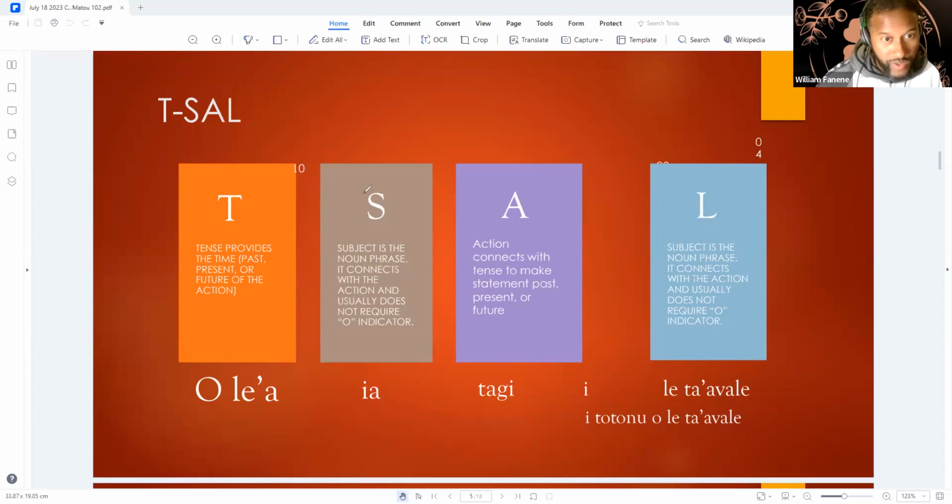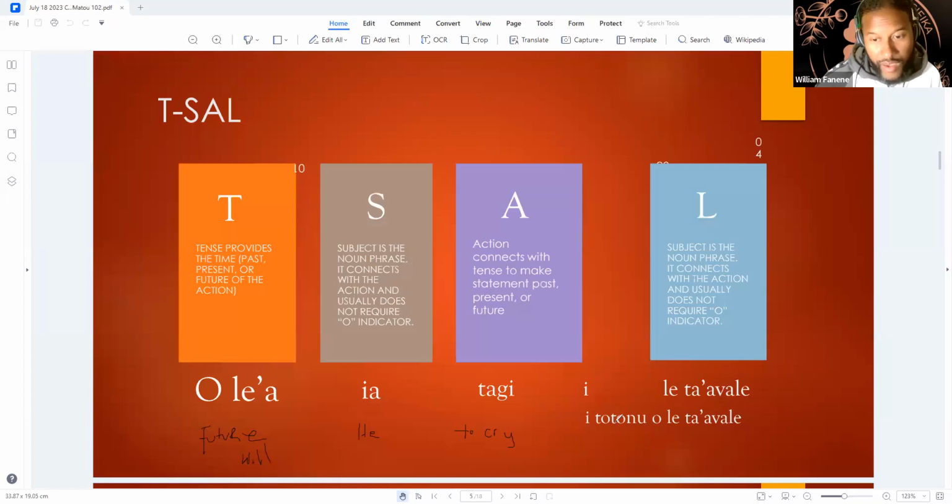We started with our subject. If you want to start with the subject, fine: him, her, or it. So we said he. Then we have our action, which is tangi, to cry. Then we have our tense. This is future tense, and almost all the time you're just going to say will.